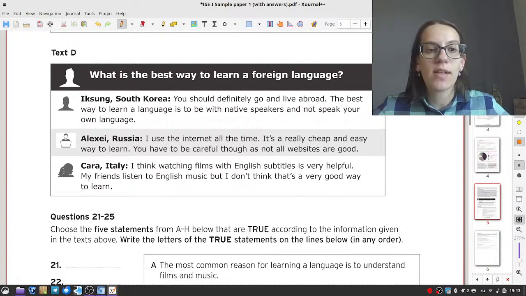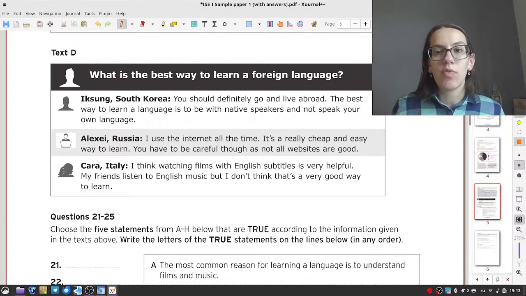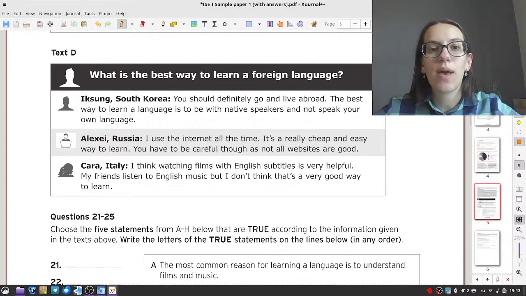And Cara from Italy says, I think watching films with English subtitles is very helpful. My friends listen to English music, but I don't think that's a very good way to learn. So 3 people give their opinions that are, well, quite different from each other about the best way to learn a foreign language.